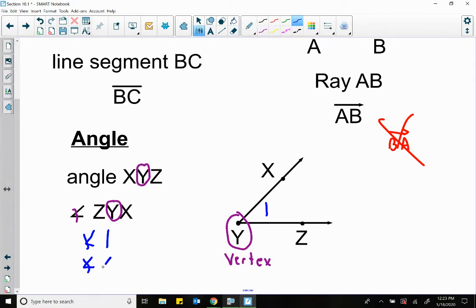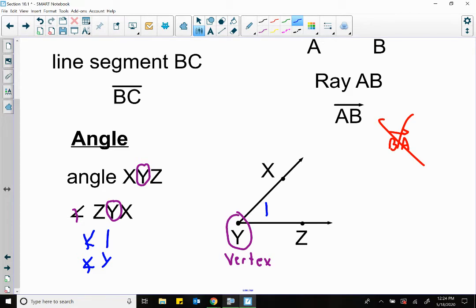So they might just call it angle Y, if that's the only angle that exists at Y. Okay? So just some other ones just to be a heads up. I know I use the numbers a lot when we go through this, and our book does too. So know that when they use a number, they're talking about the angle that surrounds that number. Okay? All right, so our geometry is getting bigger.